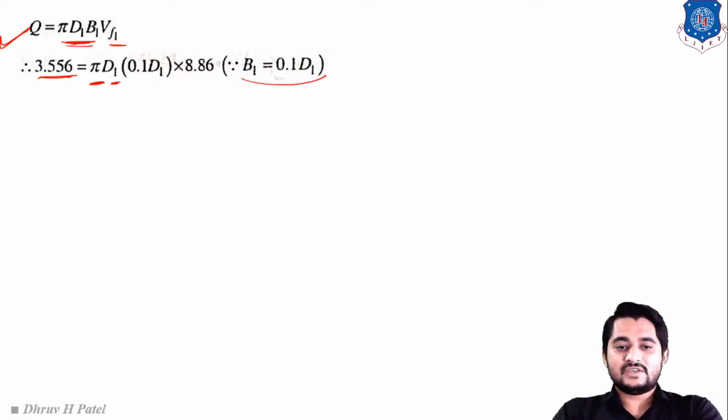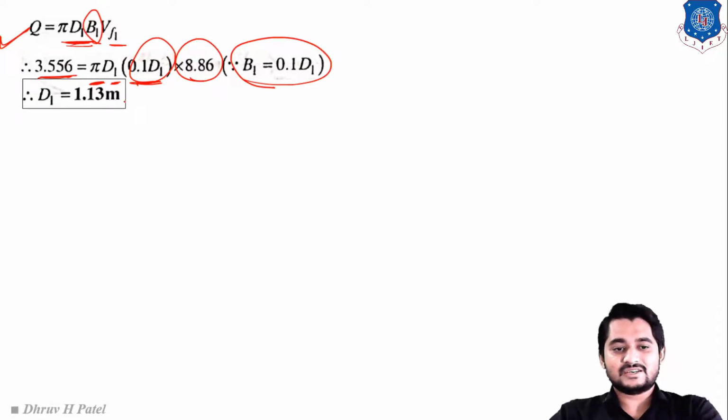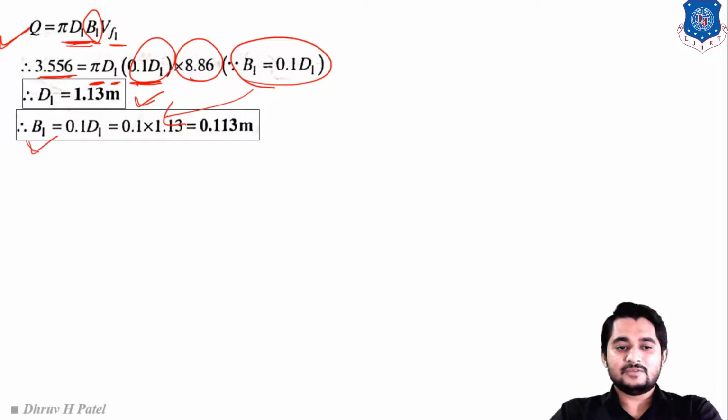Instead of B1, we can write B1 is equal to 0.1 D1 from the given data, and Vf1 we have found as 8.86. From this simplification, we get the inlet diameter D1 as 1.13 meter. So from this relation, our width will be 0.113 meter at the inlet side, right?